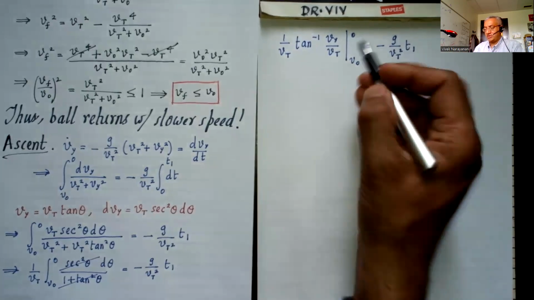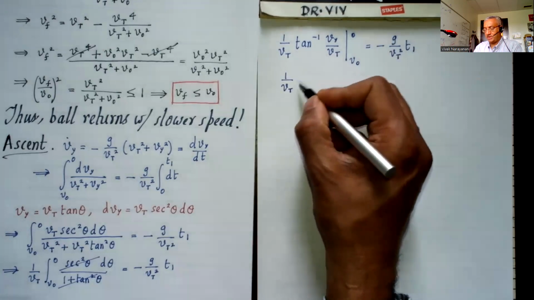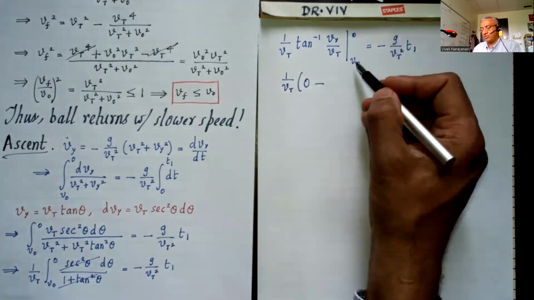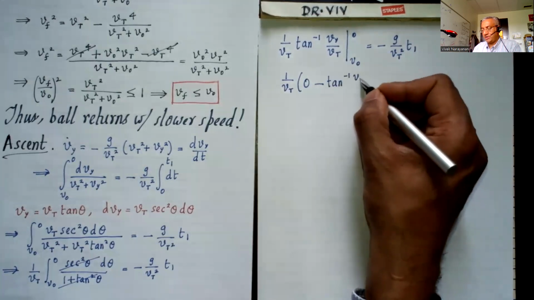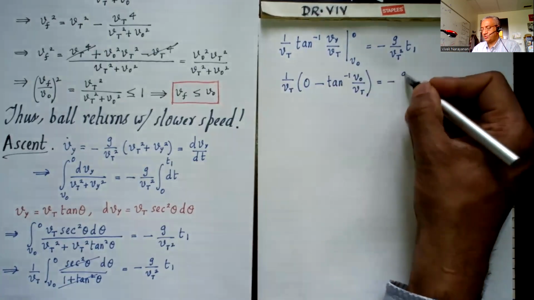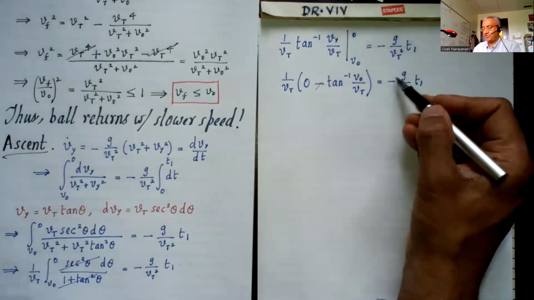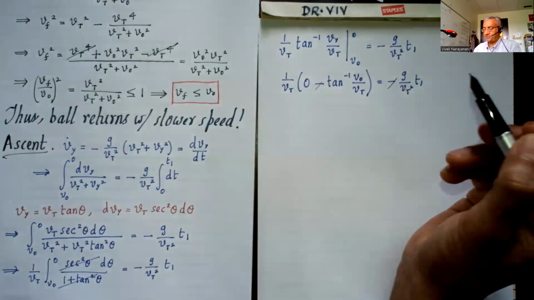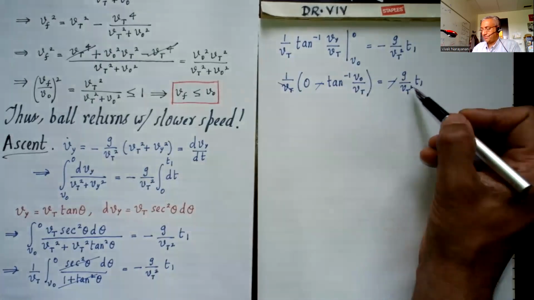Now, tan inverse of 0 is just 0. So I get 1 over Vt times 0 minus the lower limit, which gives me tan inverse V naught over Vt. And that's equal to negative g over Vt squared times T1. The negative signs you observe cancel out. One factor of Vt also cancels out.